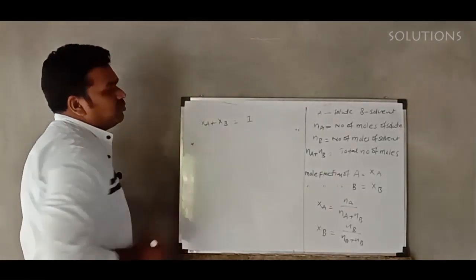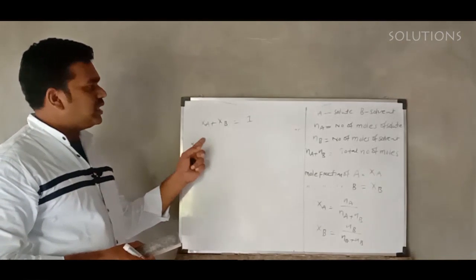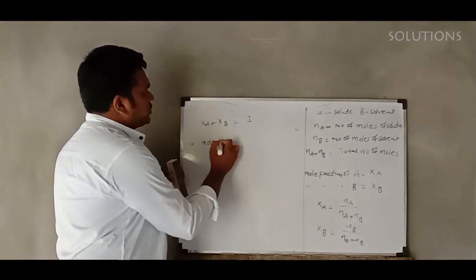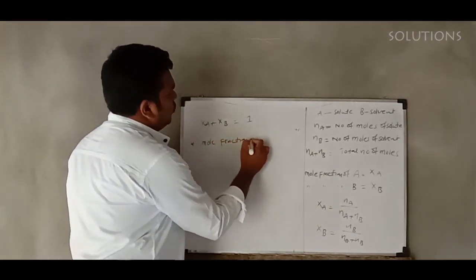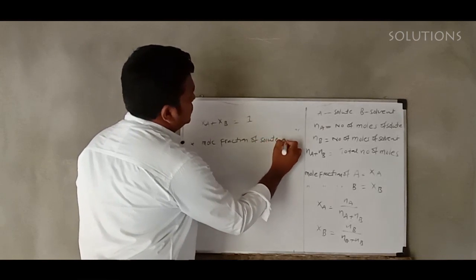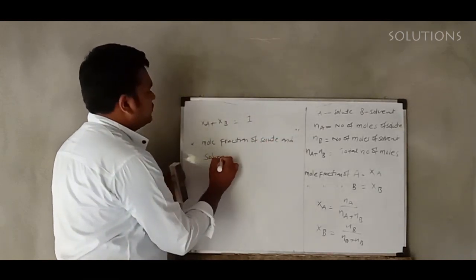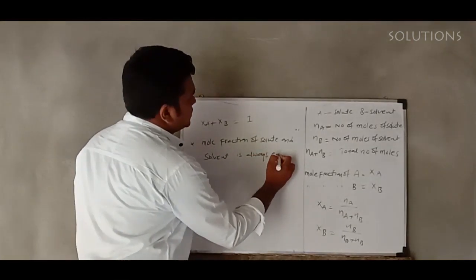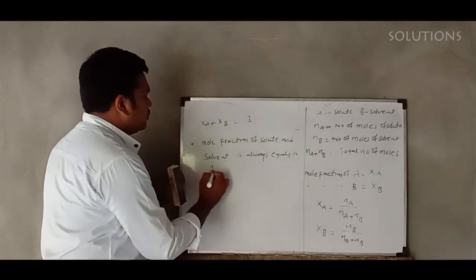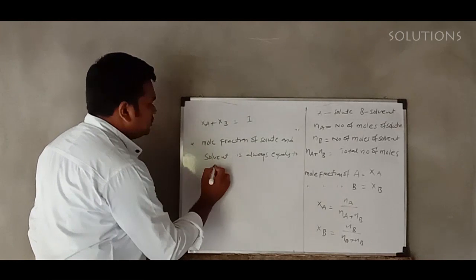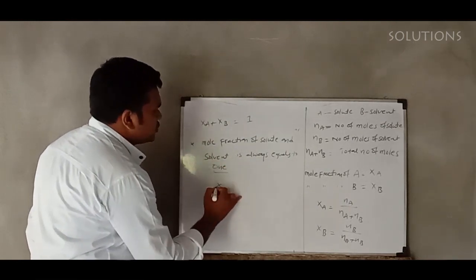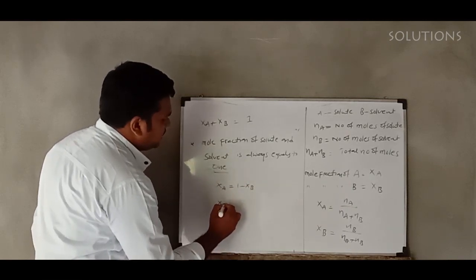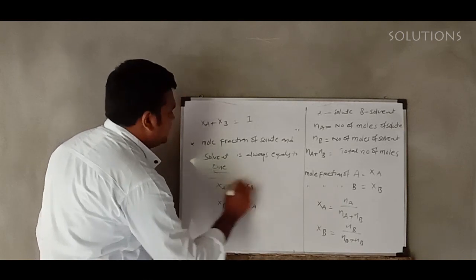So from this we can write one point here. The mole fraction of solute and solvent is always equal to 1 only. From this you can write XA is equal to 1 minus XB, or XB is equal to 1 minus XA.